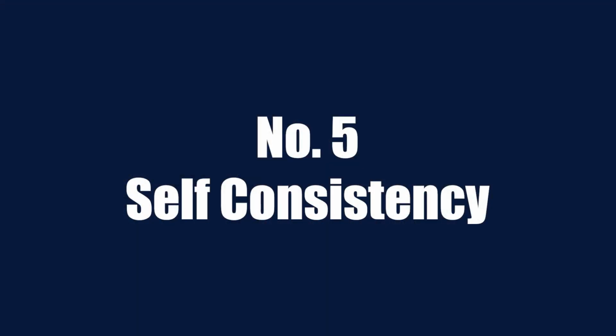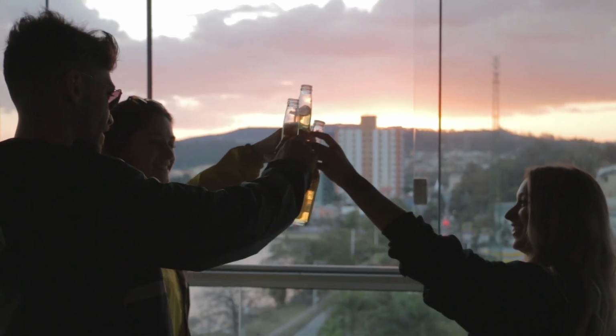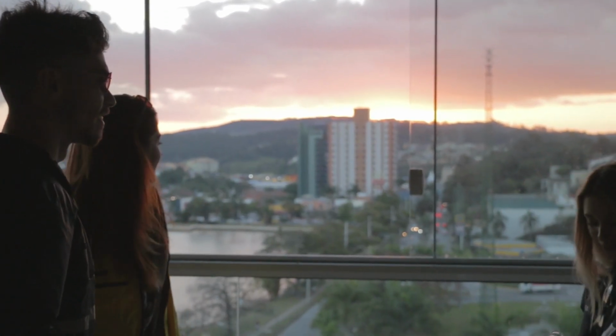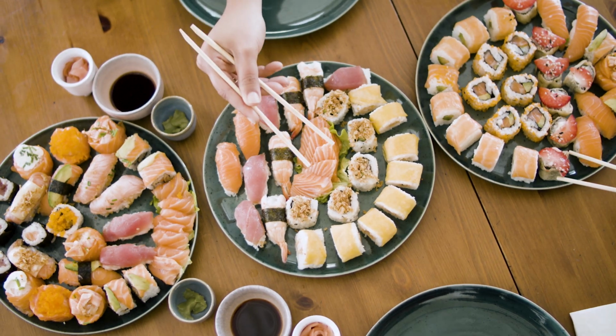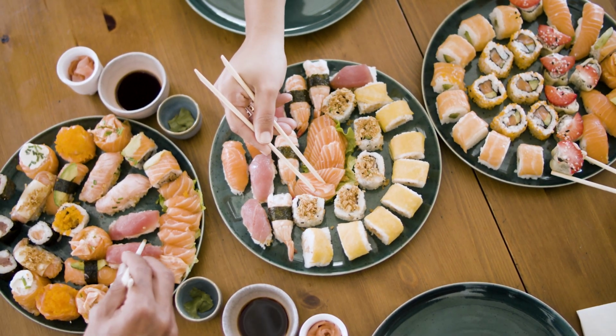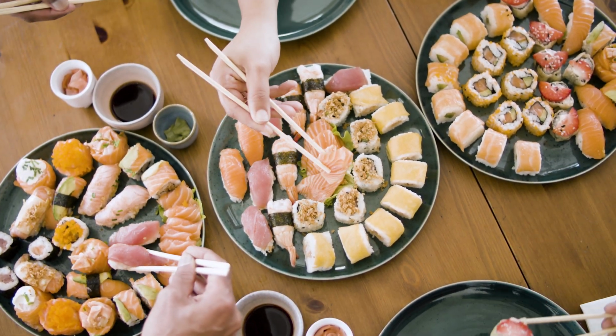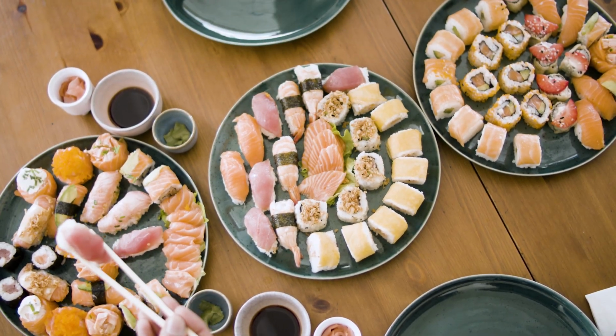Number 5, we have self-consistency. How I like to think of self-consistency is basically like when you're with a group of friends, you're trying to see which place you want to eat at for lunch. So you have a bunch of options and then you just vote by majority. So self-consistency is basically the same thing. You ask this question multiple times, and the answer that came up the most is most likely going to be the accurate one.